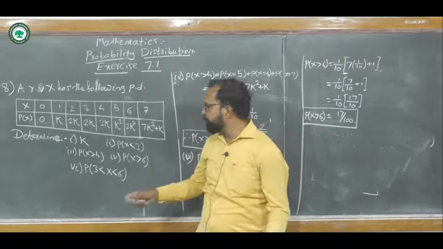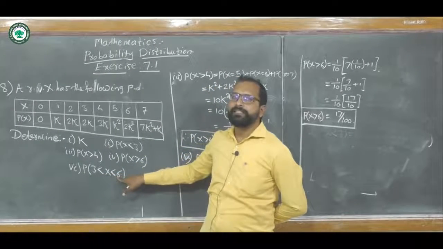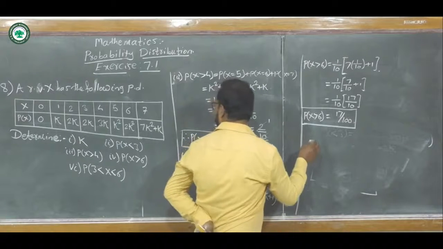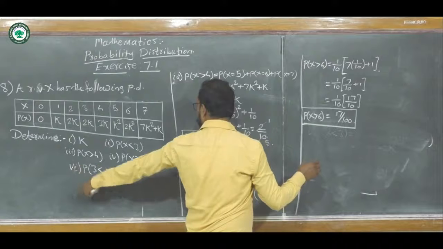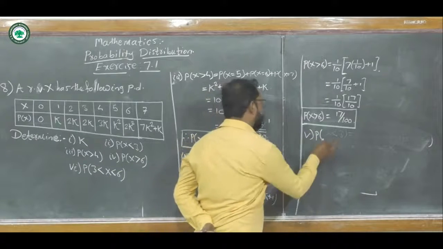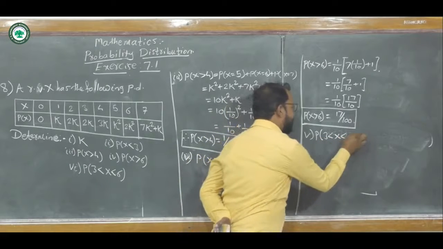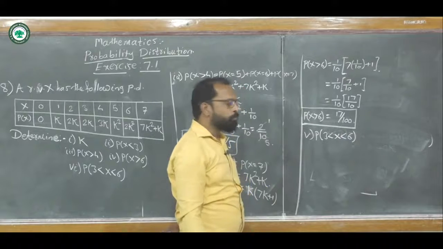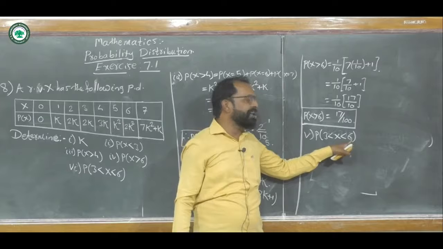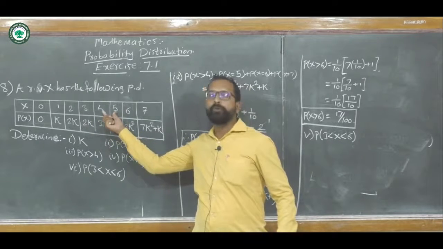Now the last one, the fifth one: the probability of 3 less than x less than 6. The values of x which are greater than 3 and less than 6 are only 4 and 5.